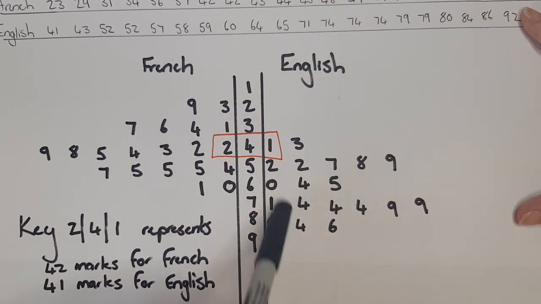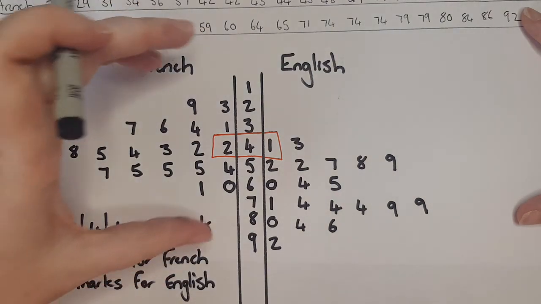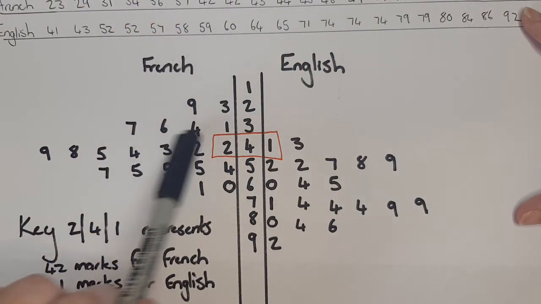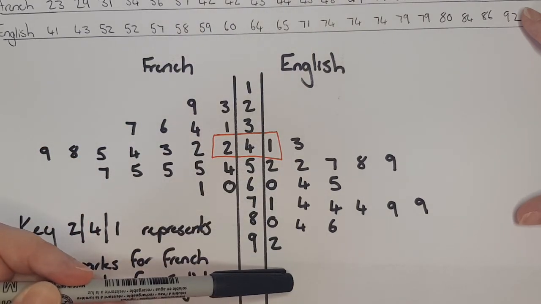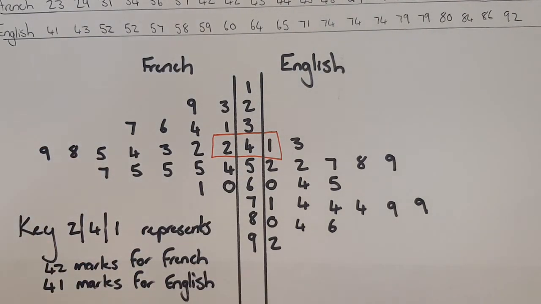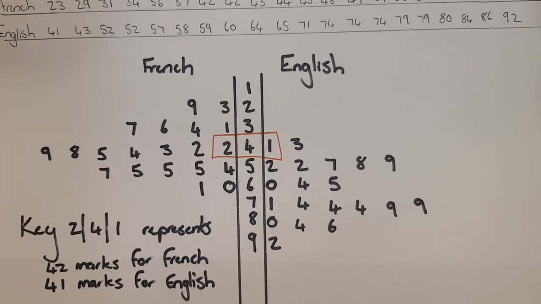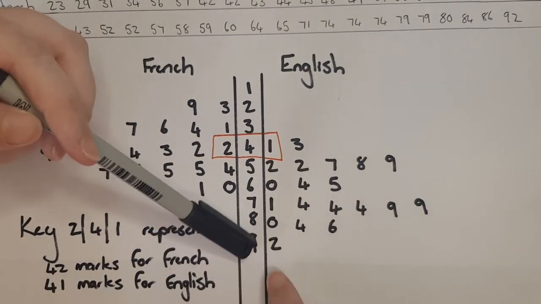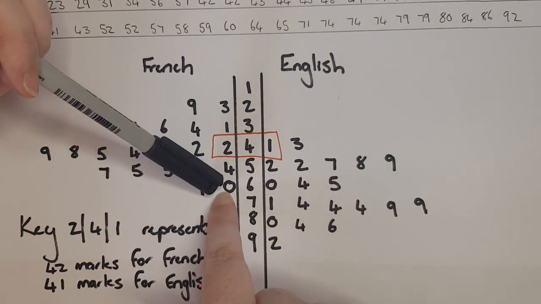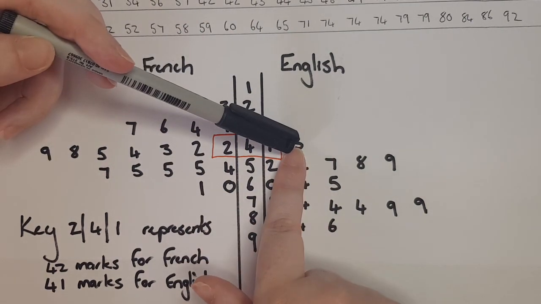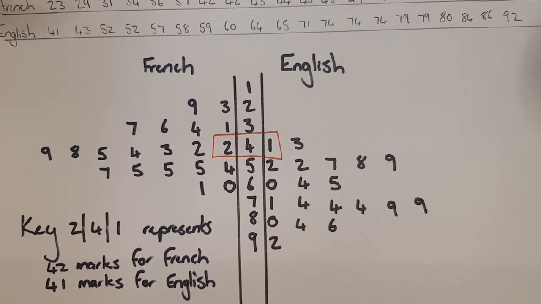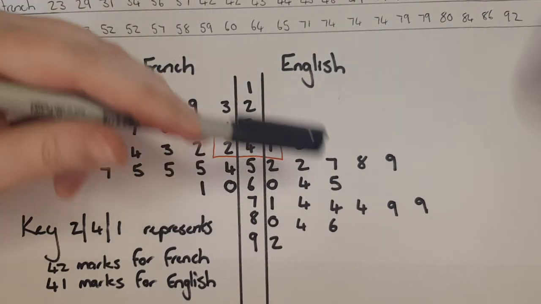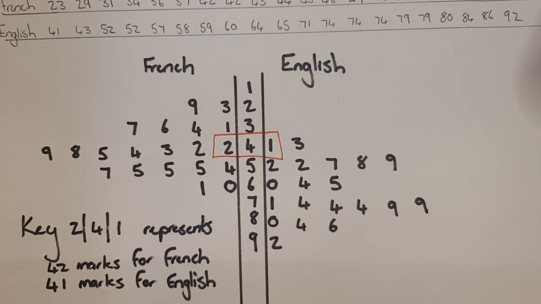And you can see that they're a little bit more spread out, whereas the French marks are all concentrated around one area, whereas English is spread. Okay, so we can say that our highest mark for English was much higher than our highest mark for French. The same with the lowest mark for English being higher than that of French. And those are the kinds of things that I'm going to compare when I do my back-to-back stem and leaf.